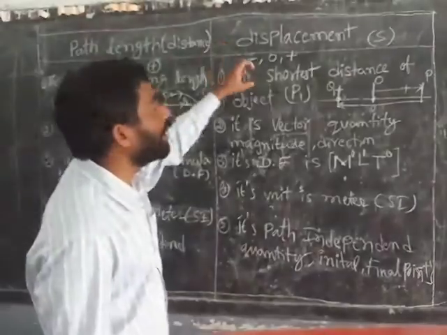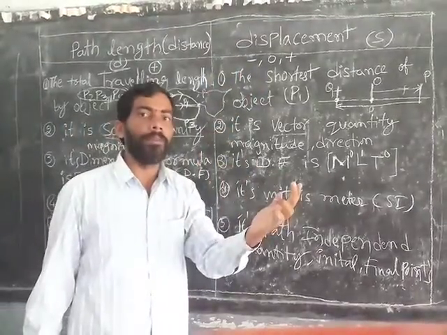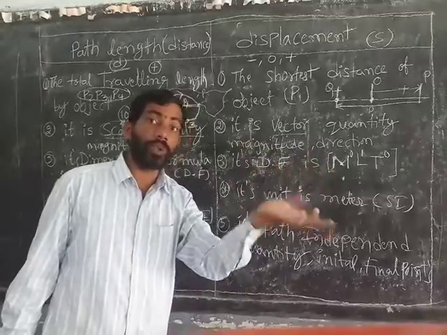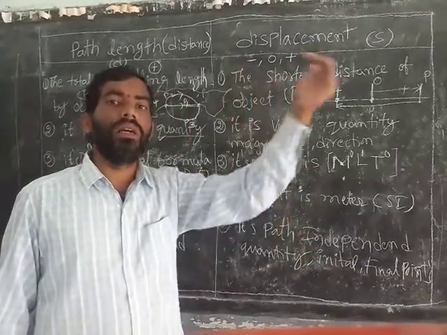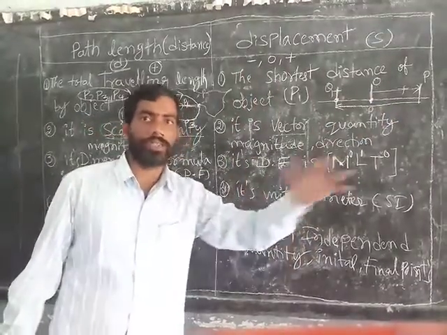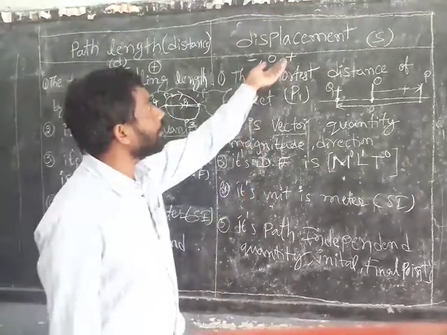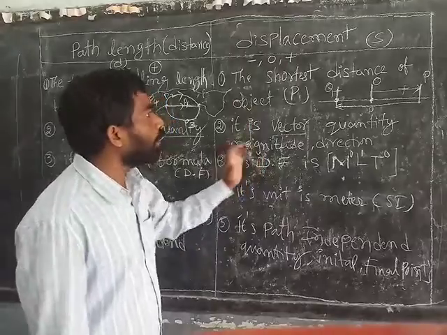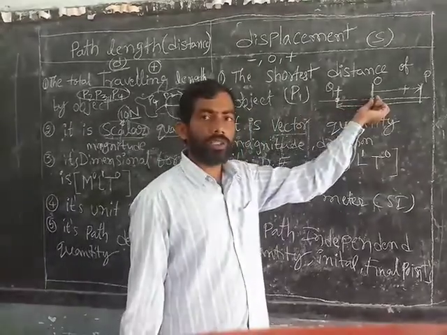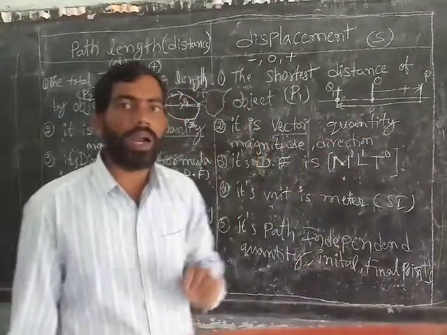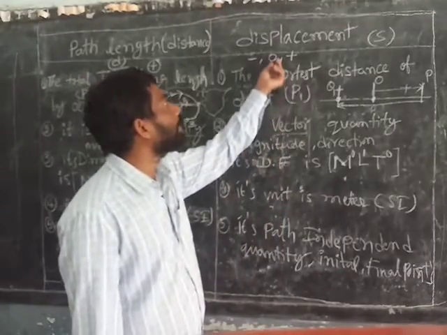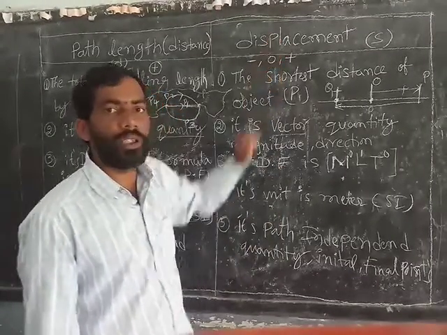Negative means it goes in the opposite direction to the initial state. That's the thing. Okay, next, whenever its value is 0, it means the initial and final point coincide at the same point, then the magnitude of the displacement is taken as 0.